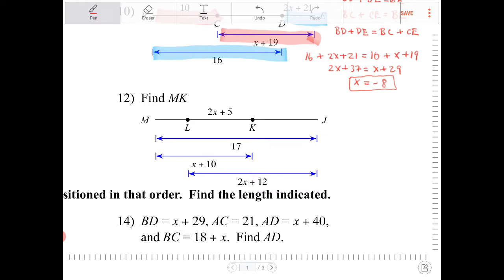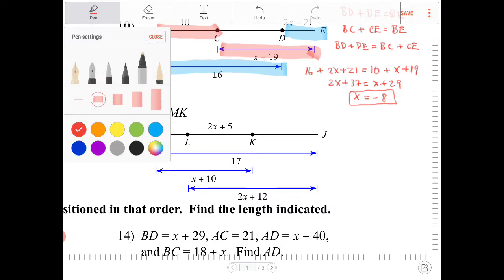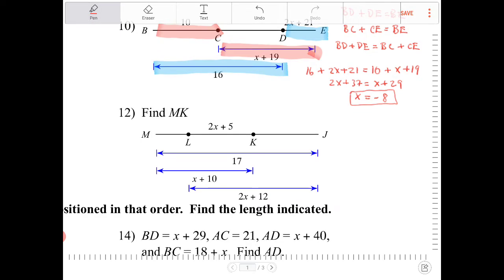This is the part where things get even more challenging. But again, we're going to solve this systematically, strategically, so that we can go through this methodically. So I know that, and again, I'm going to do something very similar. I'm going to do a little bit of highlighting. Looking at this, I know the full length of MJ.